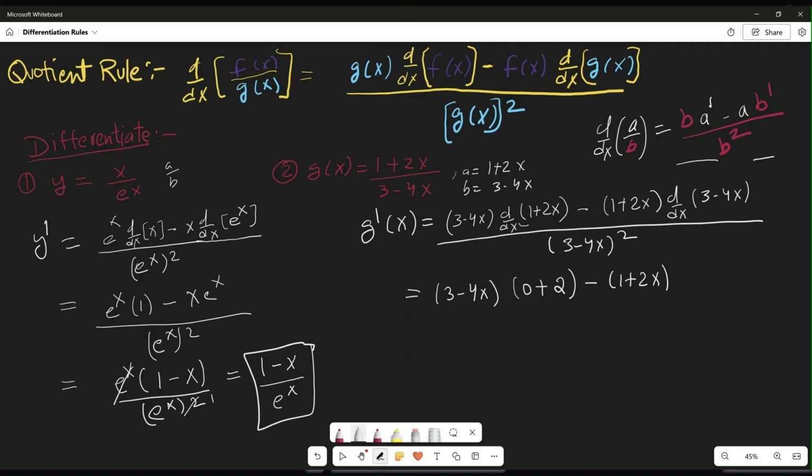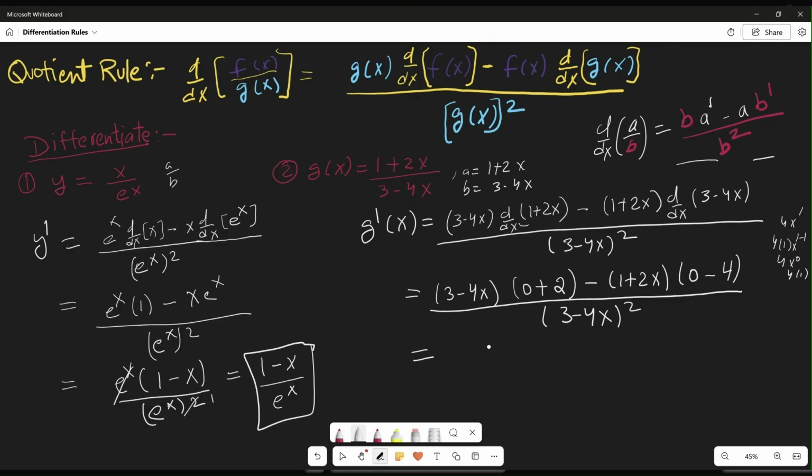The derivative of 3, guess what? It's a constant, right? So it's 0, minus the derivative of 4x, which is simply 4, as x is to the power 1, right? So coming in multiplication here, x is 1 minus 1, 0, which is simply 1. 1 times 4 is 4, divided by 3 minus 4x squared.